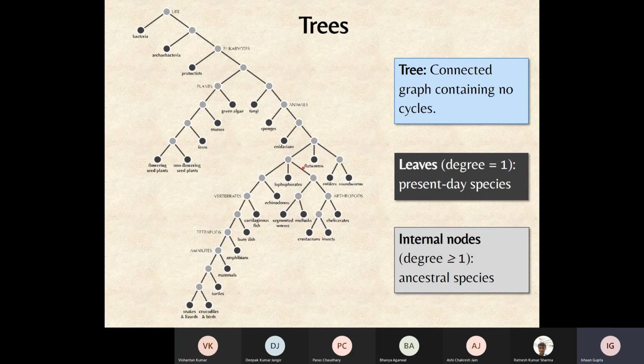They typically have a degree greater than 1. When they are just last common ancestors of present day species, their degree is 3. And if they are the original ancestor, that is the root node at the top, the degree is typically 2.